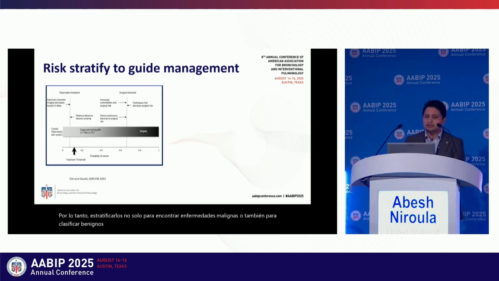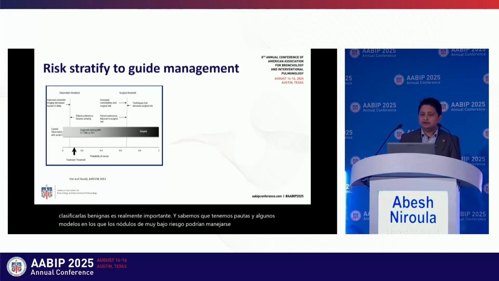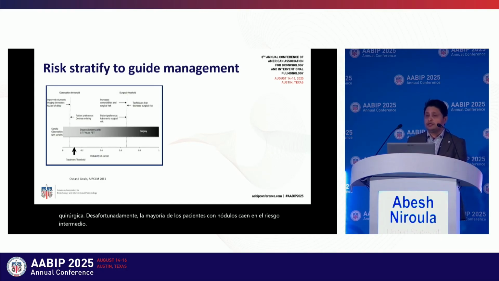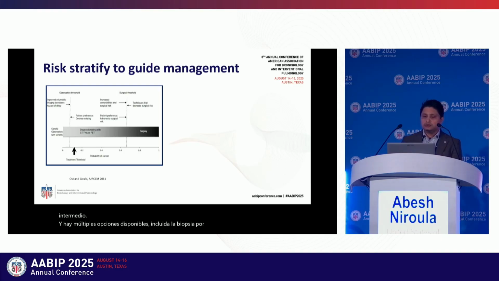And we know that we have guidelines and some models where very low risk nodules could be managed with just imaging surveillance, and the high risk nodules can proceed to definitive therapy with surgical excision. Unfortunately, most patients with nodules fall in the intermediate risk. And multiple options are available, including biopsy by bronchoscopy or TTNA, or continuing imaging surveillance, or even surgical resection.